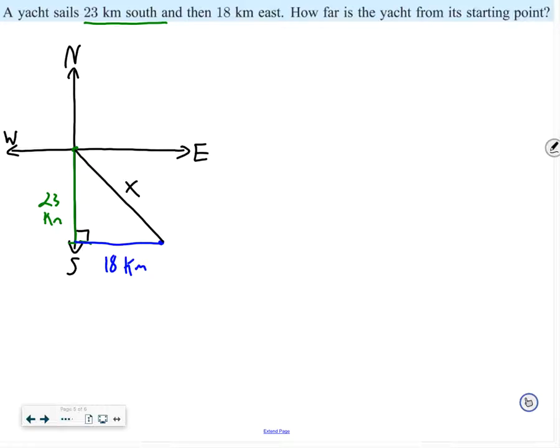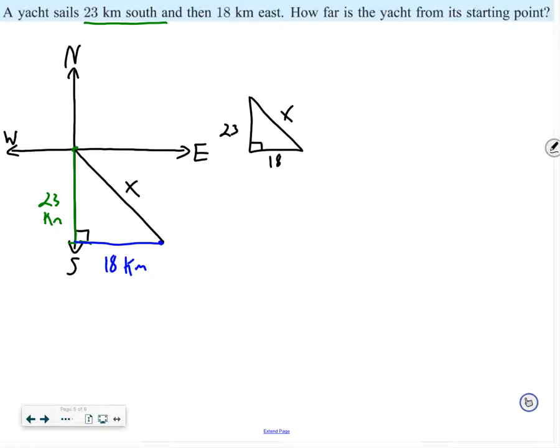So if I redraw my right triangle here, I know that this is 23, this is 18, and this is my x. Again, my unknown is my hypotenuse.